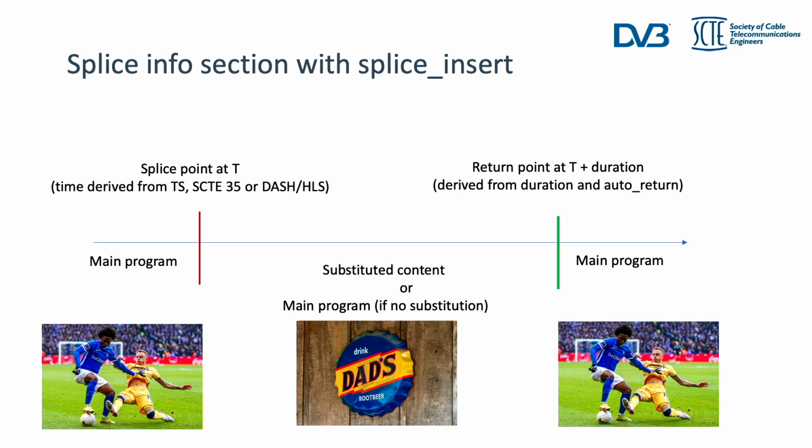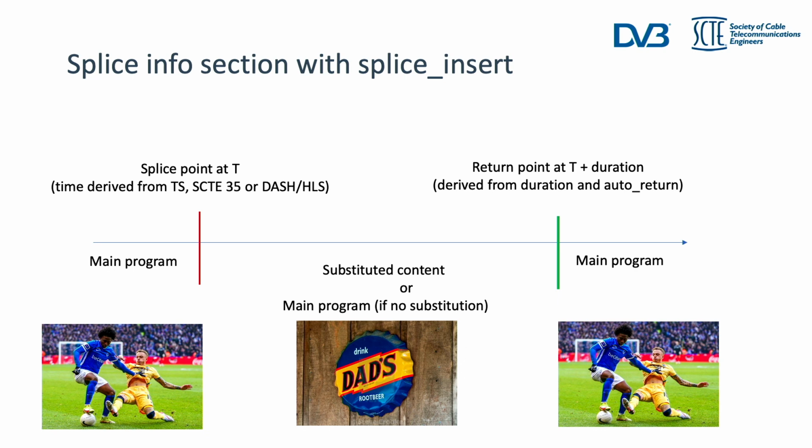So let me show you this. At the core of an SCTE 35 message, you have a splice information section, which includes certain commands for adding in the ads, called a splice insert. You could have a linear broadcast channel with a section that's a main program. Then you'd have some area that is substituted content.